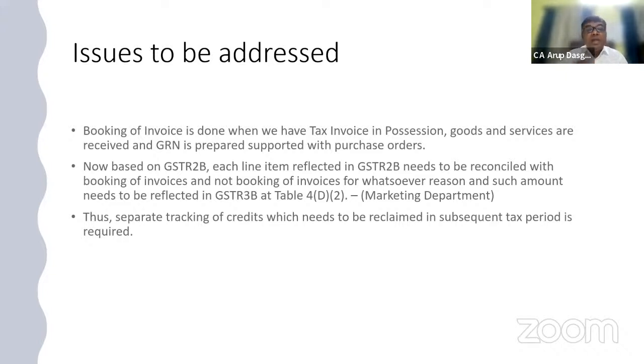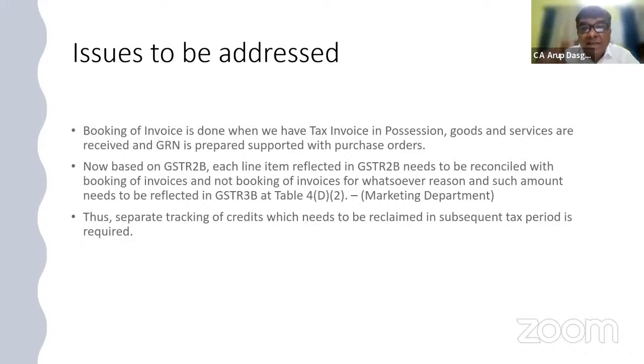So that's why for every line item, let us tell the client, please check whether the invoice is available to you or not. If the invoice is not available, there will be a matching of my books and my 2B. Whatever is matched, that is okay with me.